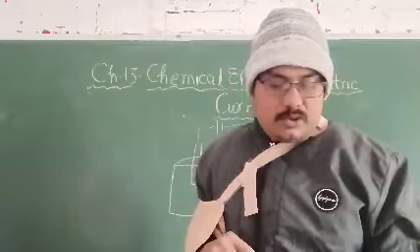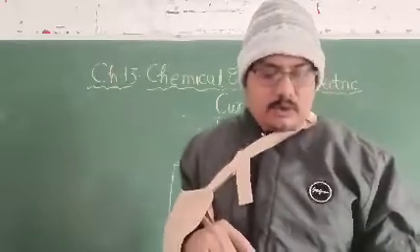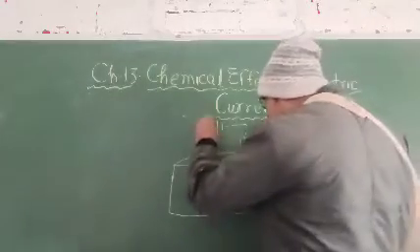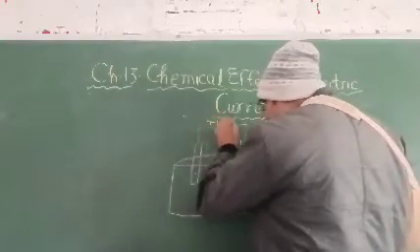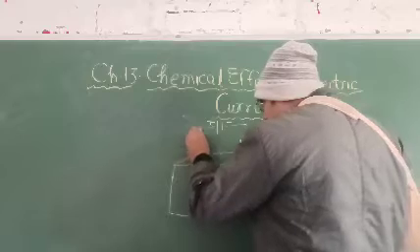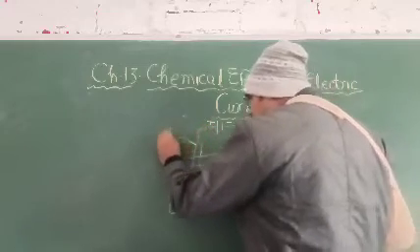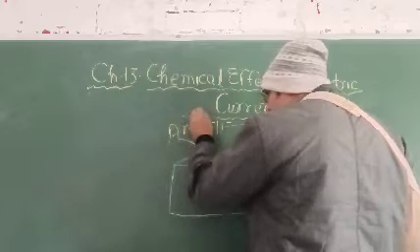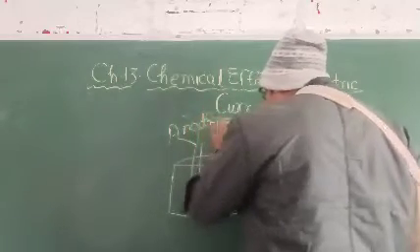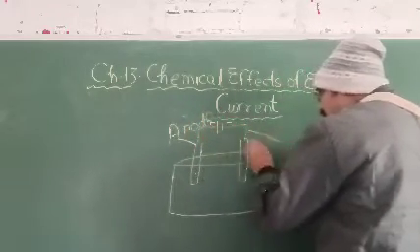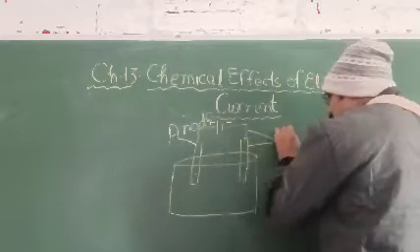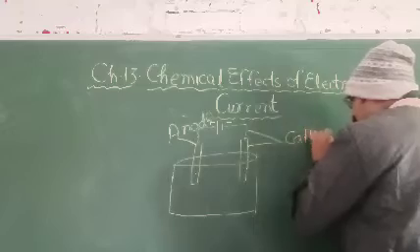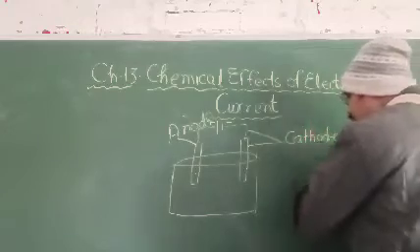One is the electrode connected to the positive terminal. If one is connected to the positive, it is called the anode. Suppose this is the positive terminal and this is the negative terminal. The electrode connected to the positive is called the anode, and the one connected to the negative is called the cathode.